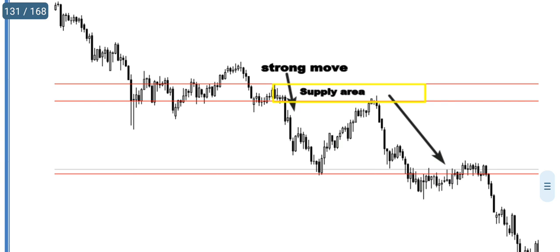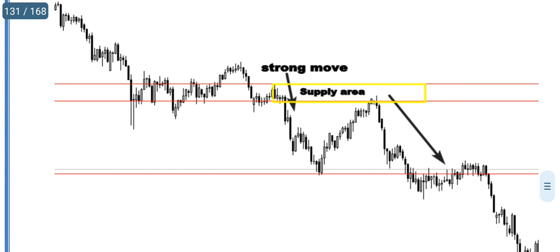So we are having our supply area whereby the buying prices are being rejected, or the buyers cannot buy the market at a price higher than what the sellers are willing to sell the market.